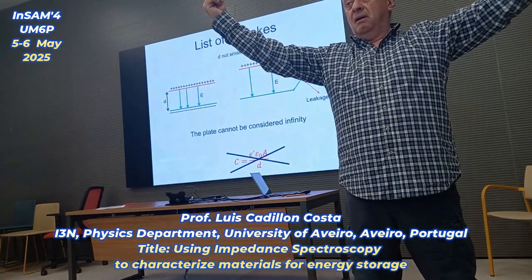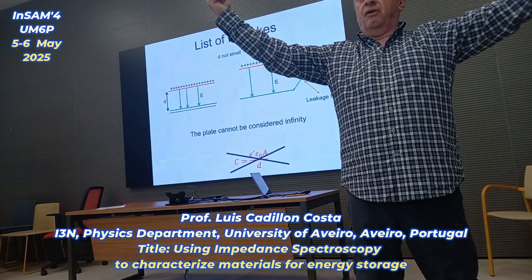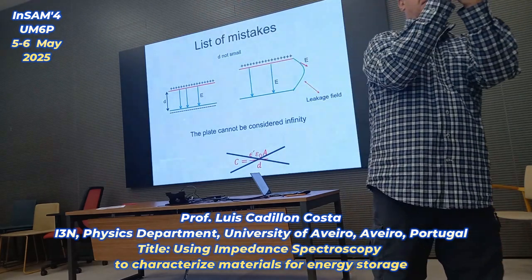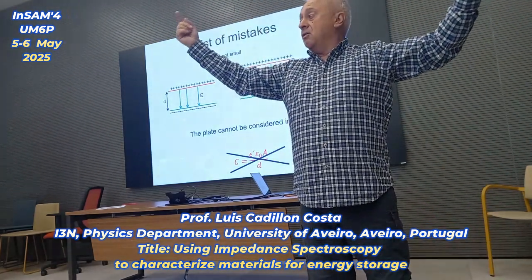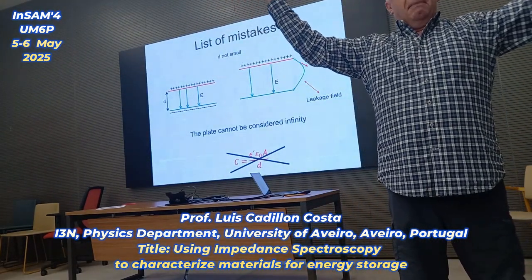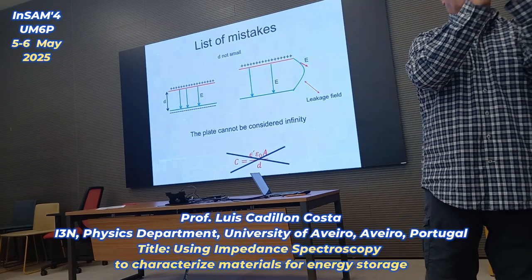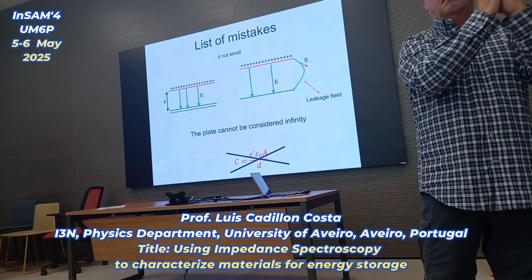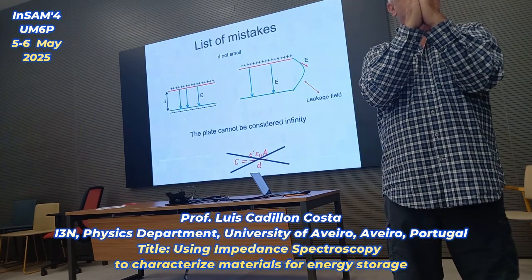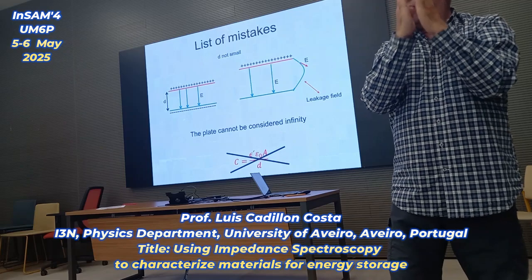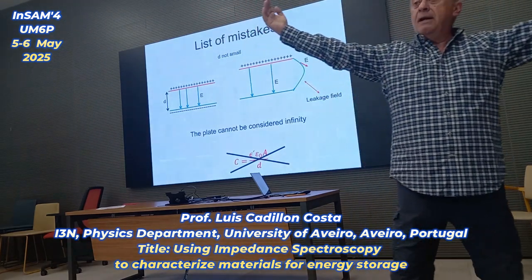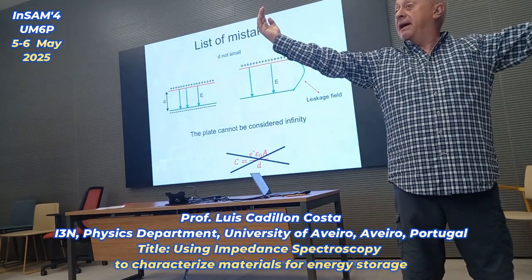If I decrease the distance 1,000 times, from 1 meter to 1 millimeter, I must also divide the voltage by 1,000. So in 1 millimeter, I can put 1 kilovolt. If I put 2 kilovolts, I have a discharge. Here, if I put 1 mega, it's okay. If I put 2 mega, I have a discharge.